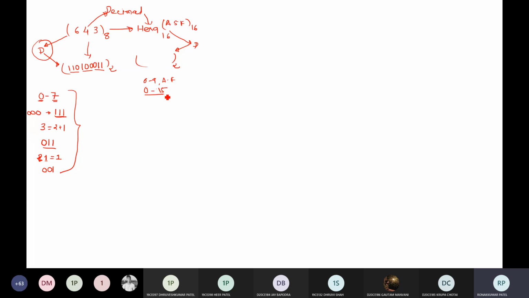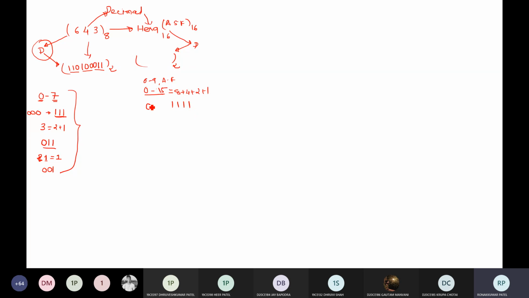Now if you represent this decimal value 15 into binary, then 15 is 8 plus 4 plus 2 plus 1, means 1 1 1 1. This is the binary representation of 15.